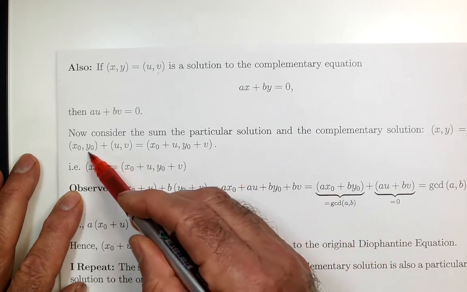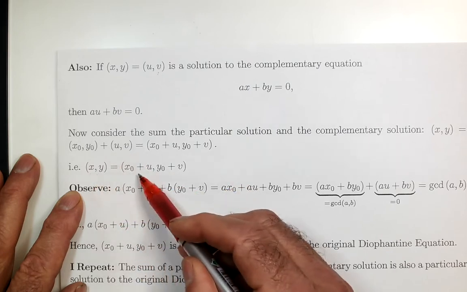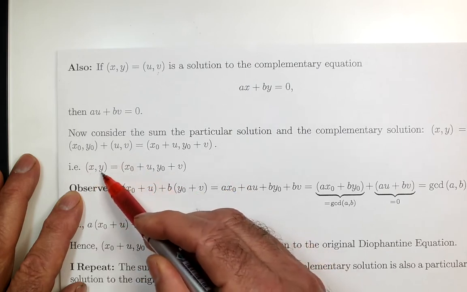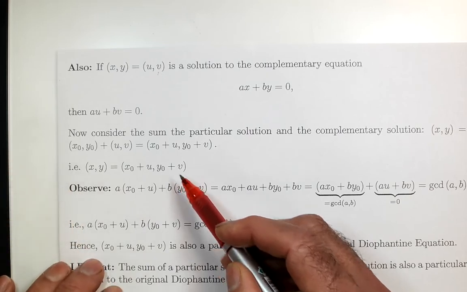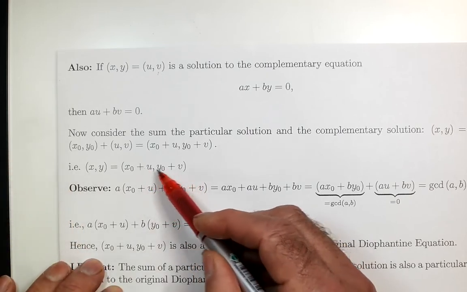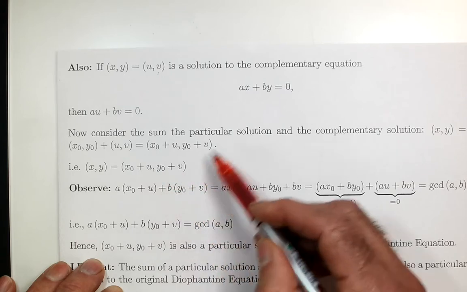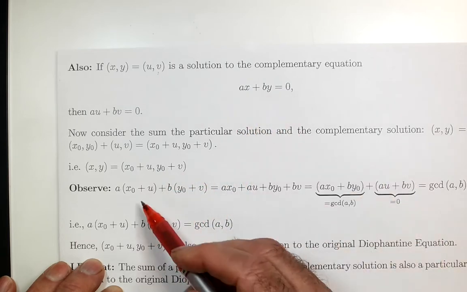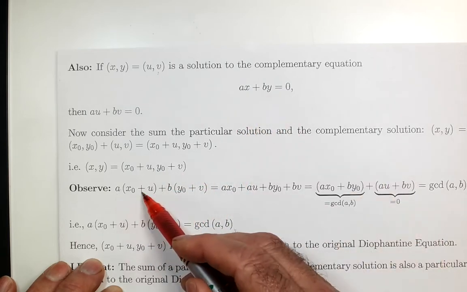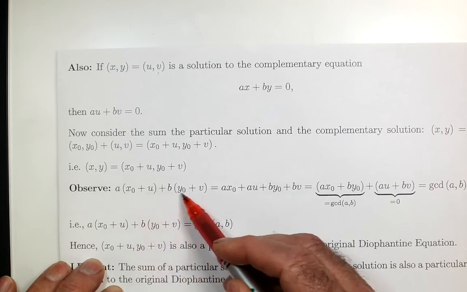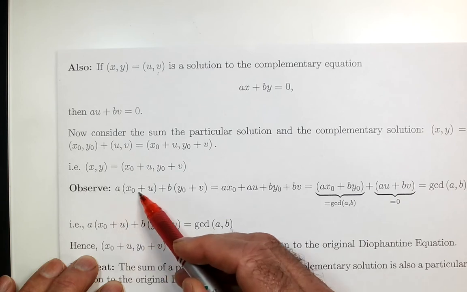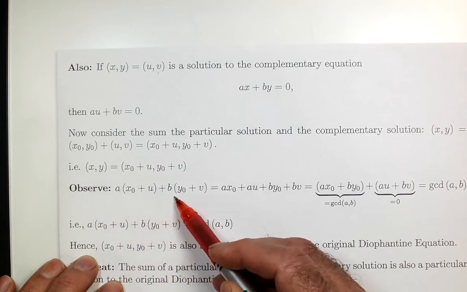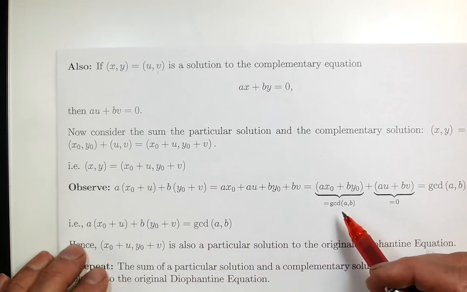So the sum is x equals x naught plus u, y equals y naught plus v. And what happens when we plug these x and y values into ax plus by? We get a times (x naught plus u) plus b times (y naught plus v), and we distribute the a and the b inside the parentheses.